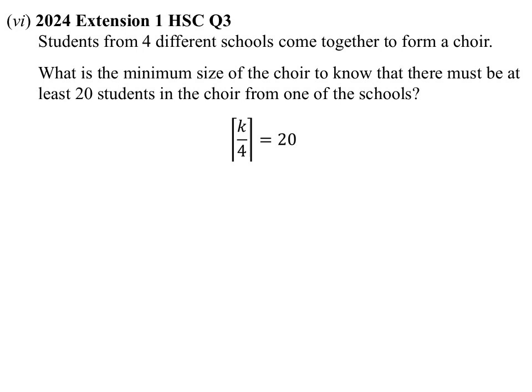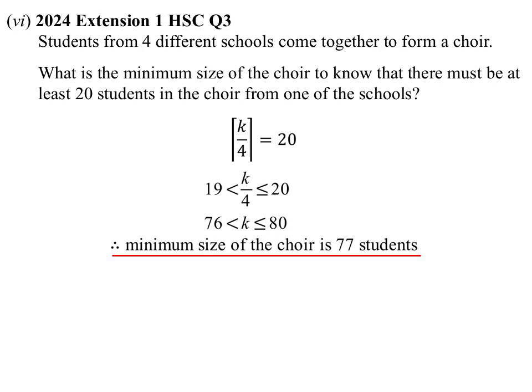How many objects? What's the size of the choir? How many students are we putting into the pigeonholes, which would be the schools? We want that answer to be 20. Good, put it into the inequality. Biggest number, 76. Smallest number, 77. So the minimum size of the choir would be 77 students.